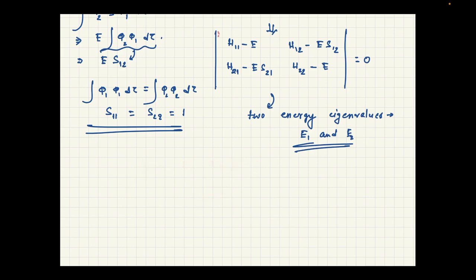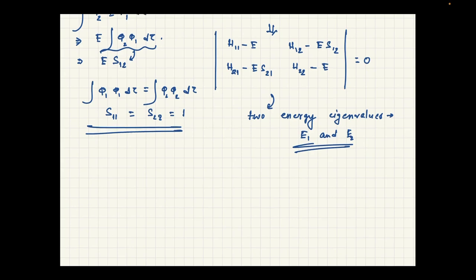So the size of the secular determinant will be what? 10 cross 10, right? We have to solve this 10 cross 10 determinant to get the 10 energy eigenvalues corresponding to 10 molecular orbitals. Then from low energy to high energy, we can fill the molecular orbitals with electrons. So this is the basic concept.